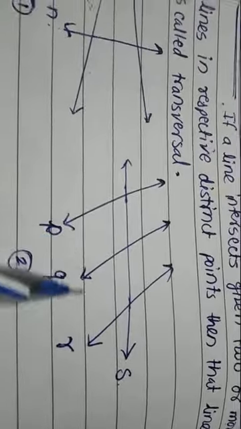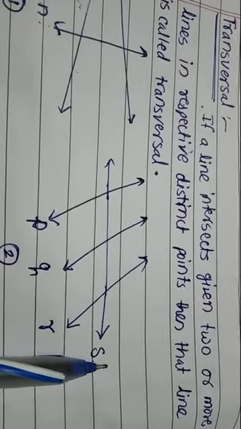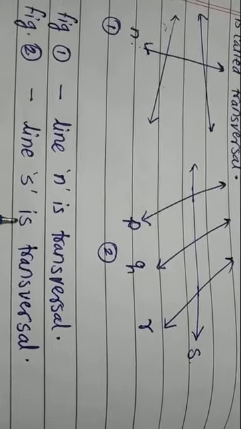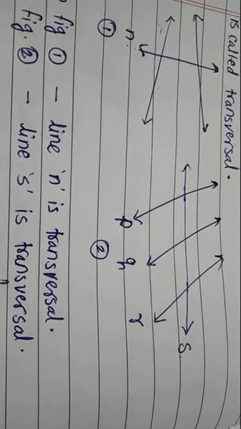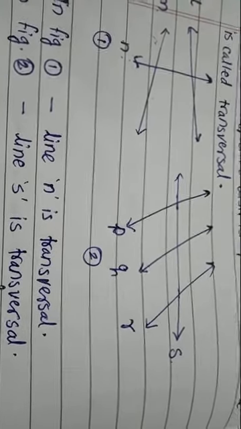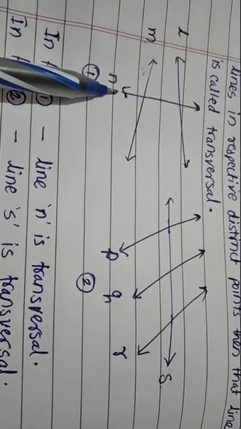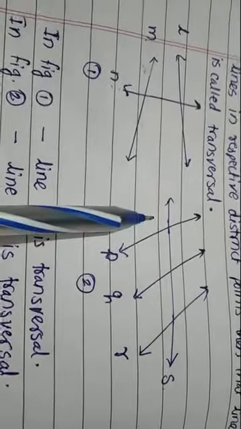Okay, in the second figure, if you will see P, Q, R, these are the three lines. And horizontally, line S intersects them. So in the second figure, line S is the transversal. It means the transversal may be vertical or horizontal.